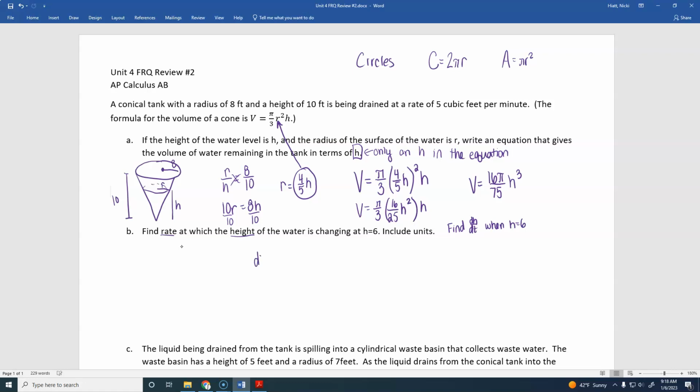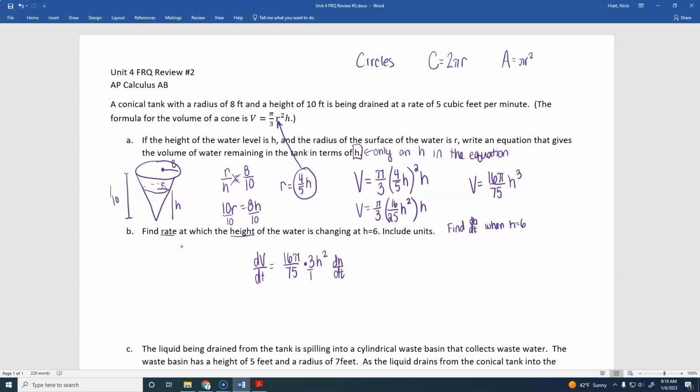So dV/dt is going to equal 16 pi over 75 is our coefficient. We're going to multiply it by 3h squared. And that 3 is like a 3 over 1. And then we also need a dH/dt over here.